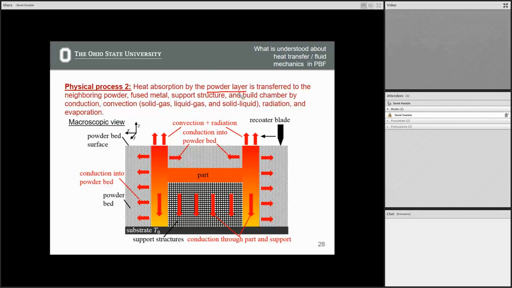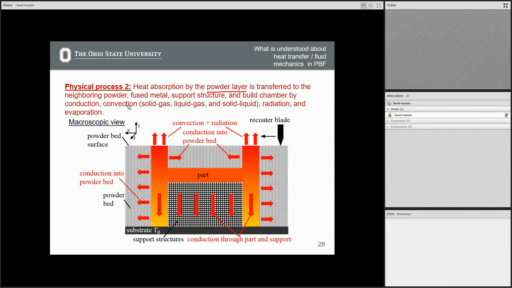So given that that's true from what I described in physical process 1, the question is then where does all this heat go, right? And it's going to have a lot of different pathways in which it's going to go. The first, I think, worth mentioning is convection. Right? So we talked about convection. This is heat that's actually coupled with mass transport.